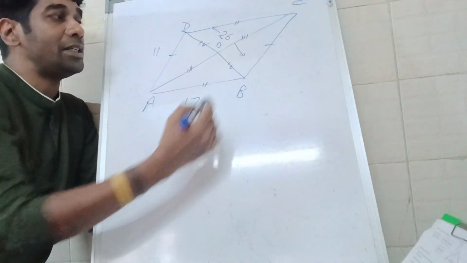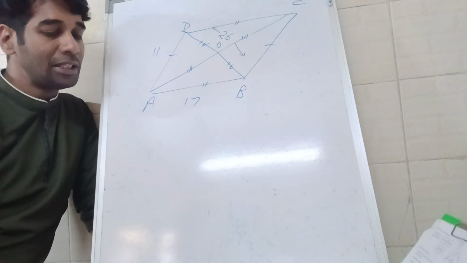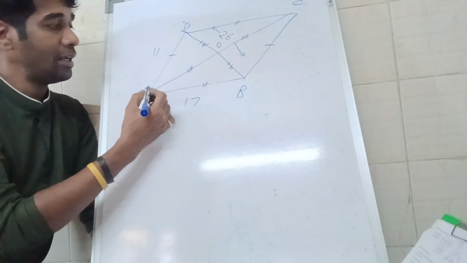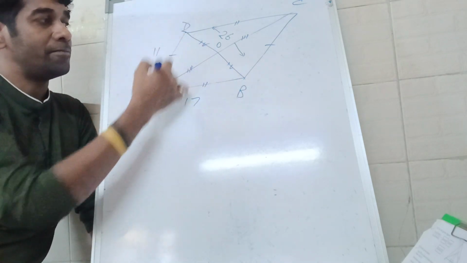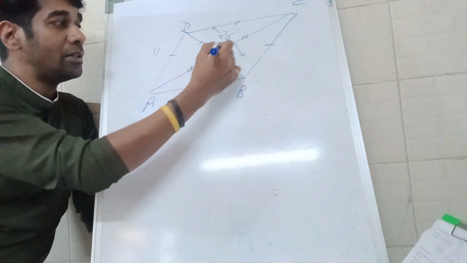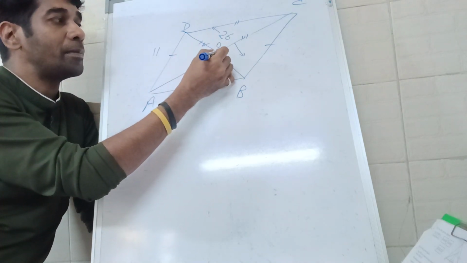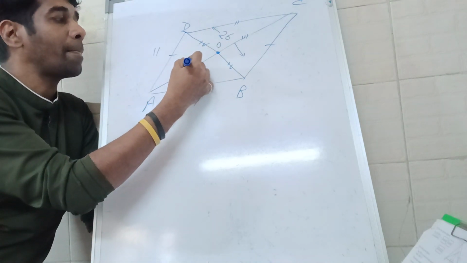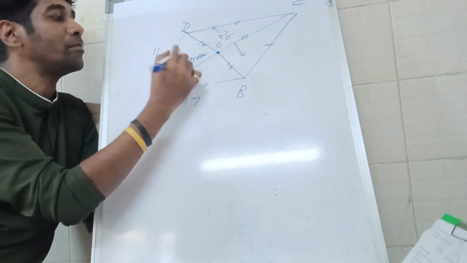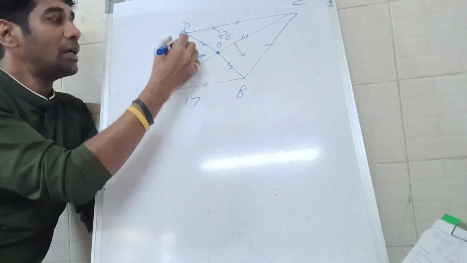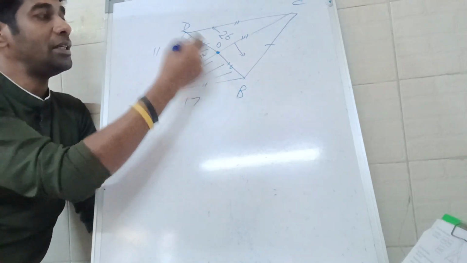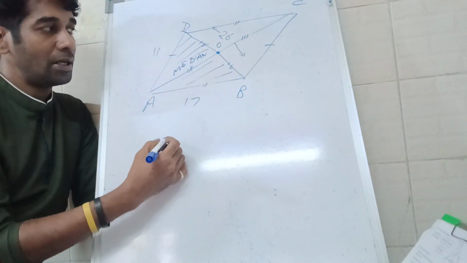Secondly, AC and BD bisect each other at point O. Now in triangle ABD, AO is the median. In triangle ABD.